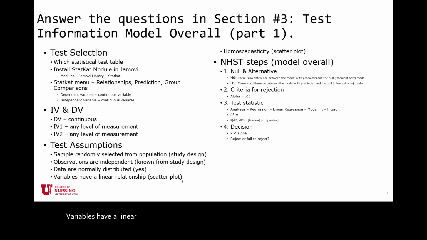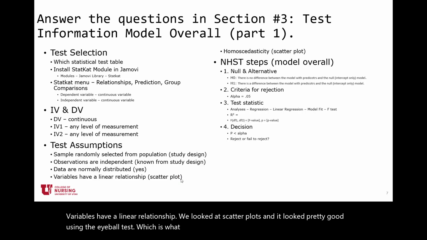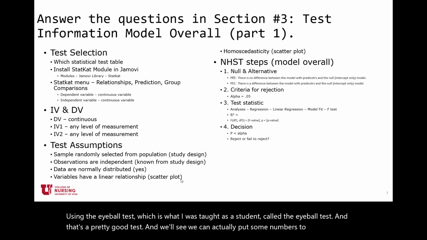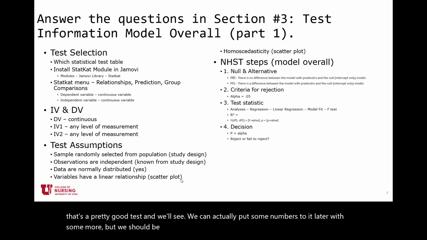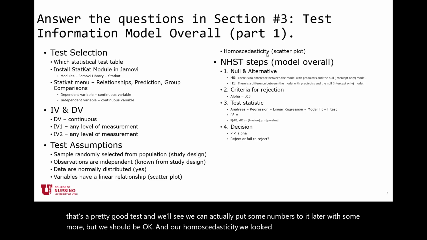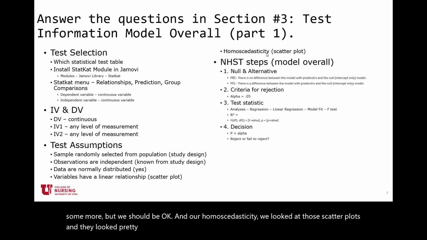We looked at scatter plots, and it looked pretty good using the eyeball test, which is what I was taught as a student. Call it the eyeball test, and that's a pretty good test. And we'll see, we can actually put some numbers to it later, but we should be okay. And our homoscedasticity, we looked at those scatter plots, and they looked pretty okay. There are some other tests that we can look at.